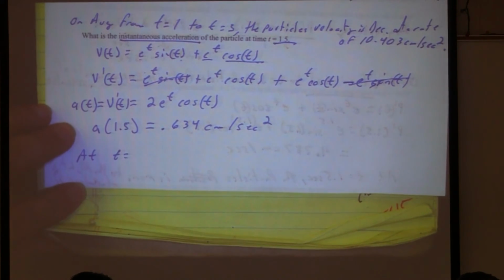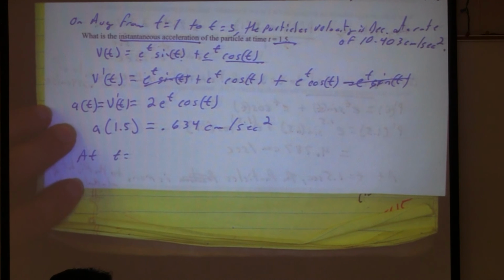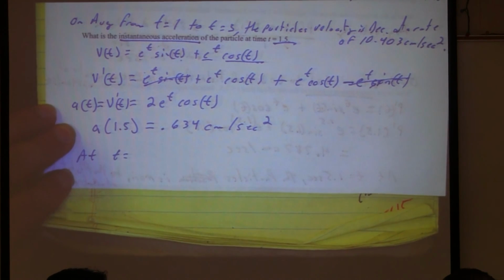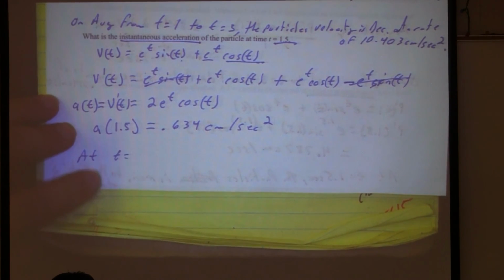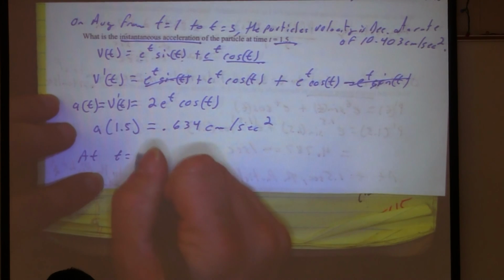You can't use acceleration to describe the particle's position, because if acceleration is negative, it doesn't mean that the particle is moving in a certain direction, it just means that it could be moving in the same direction, but not at the same rate. In other words, the particle could be moving to the right, but it's not moving to the right as fast, right? You understand? Okay, so at t equals 1.5, what's happening?